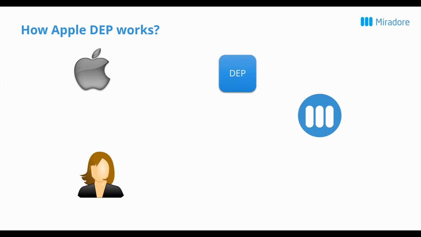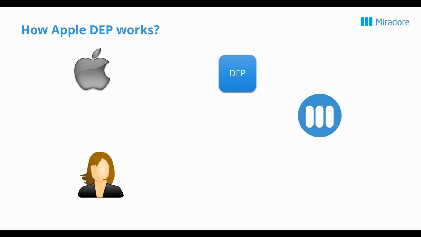This represents an Apple device reseller, so an authorized reseller for the Apple devices. So how the DEP program works is that first of all you need to register yourself into the DEP program. I'll explain the details in a minute.